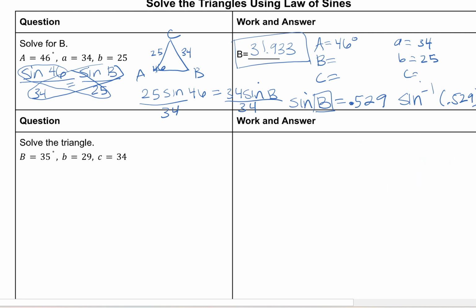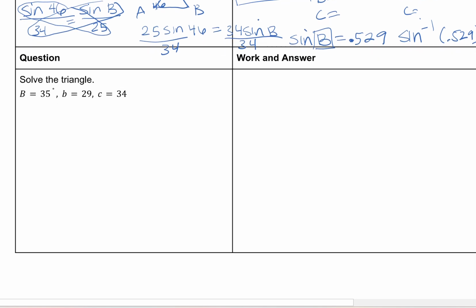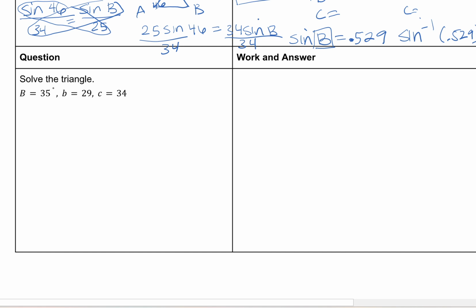We will have to check that on our question B as well, okay? All right, so now we're going to do the same thing, A, B, C, A, B, C, and then we're going to have a second. So I put a little 2 right here to show that this is a possible second triangle.